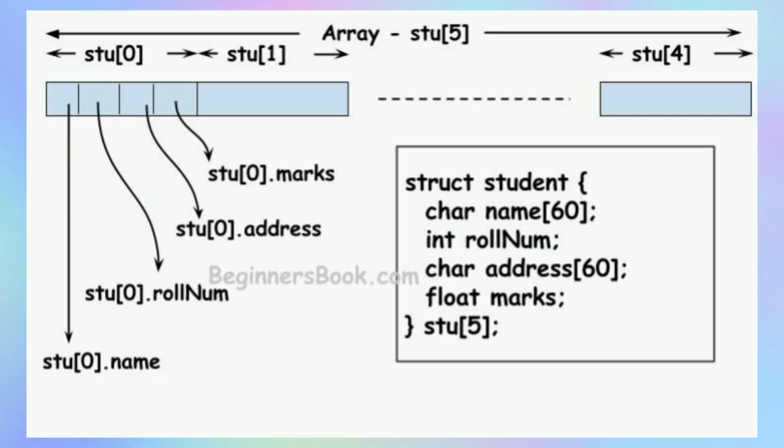Example: struct student, char name, int roll number, char address, float marks, stu of 5. I'm going to create 5 objects, array size n-1, 0 to stu4.